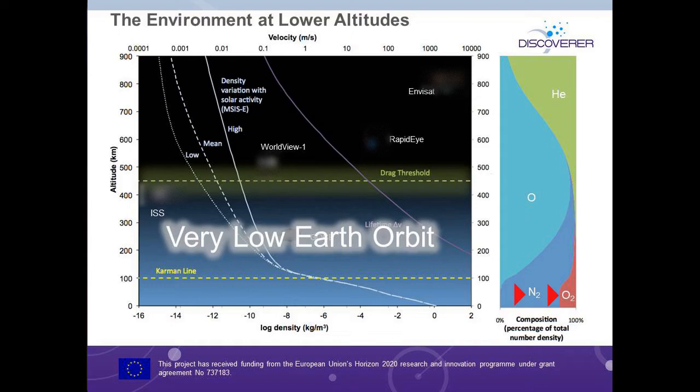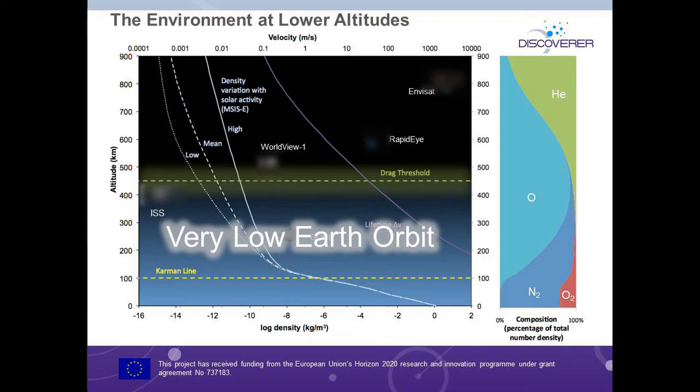In the range we're talking about in VLEO, the majority of this atmosphere is atomic oxygen because of that extreme UV breakdown of the upper atmosphere. So what we're then designing is aerodynamics to work in a flow of atomic oxygen at 8 kilometers a second, which sounds fairly challenging, and indeed it is.